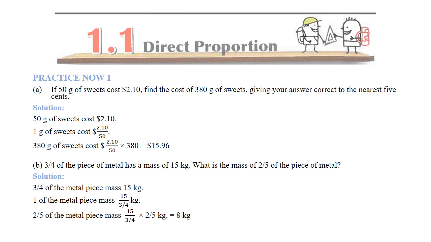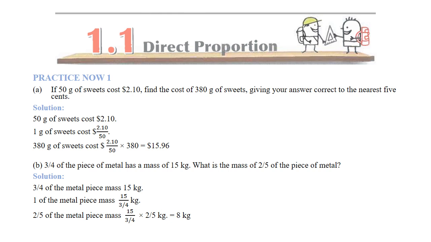The second part of the problem is that the mass of 3/4 of a piece of metal is equal to 15 kg, and we are asked to give the mass of 2/5 of the piece of metal.